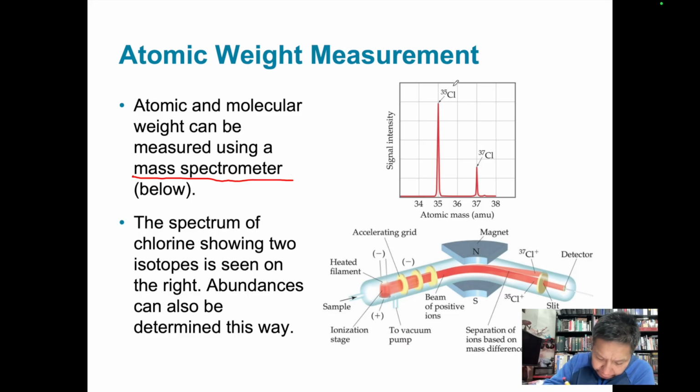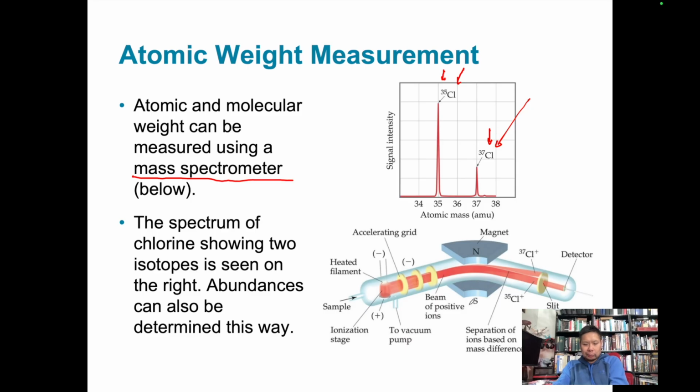right? So here we're looking at chlorine. And the two most common isotopes of chlorine are chlorine 35 and chlorine 37, okay? And so when you shoot chlorine gas into a mass spectrometer, you don't need to know how it works, because that picture down there shows how it works.